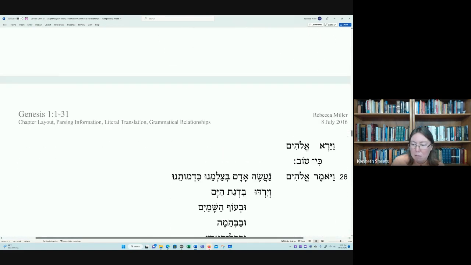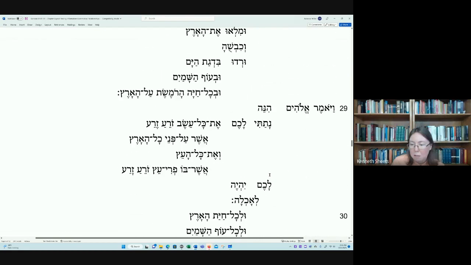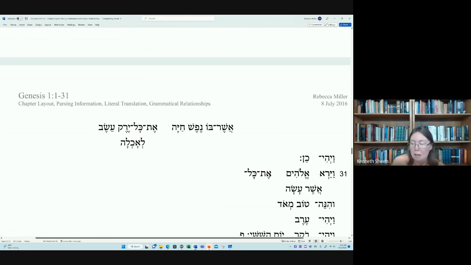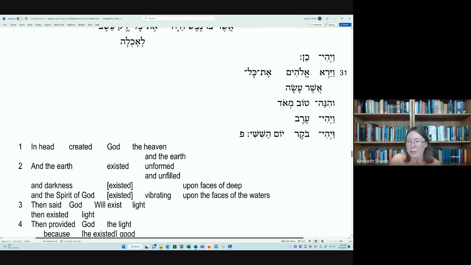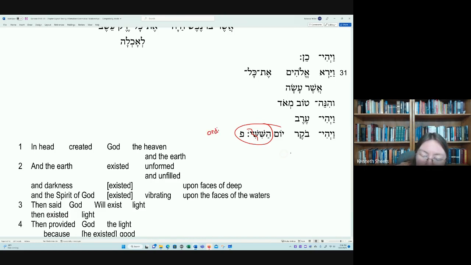And then if we come on down to the end of chapter 1, notice here, vayihi erev, then existed evening, vayihi voker, then existed morning, yom hashishi. And there is our number again, and it has the Hickory ending, another ordinal.